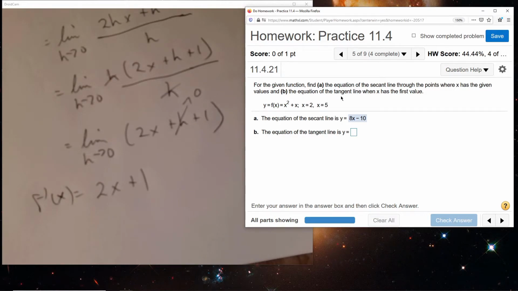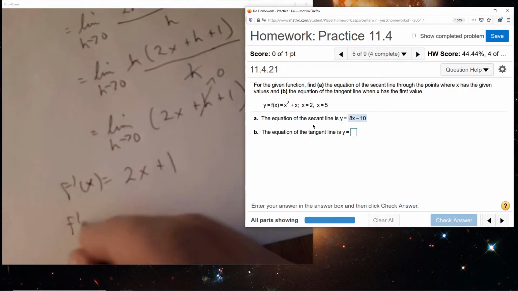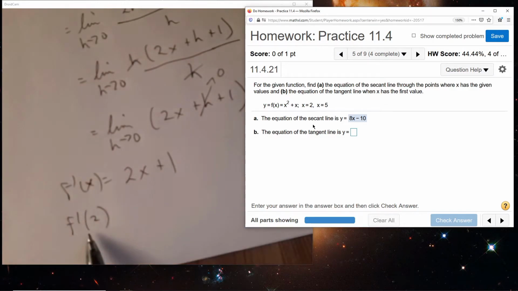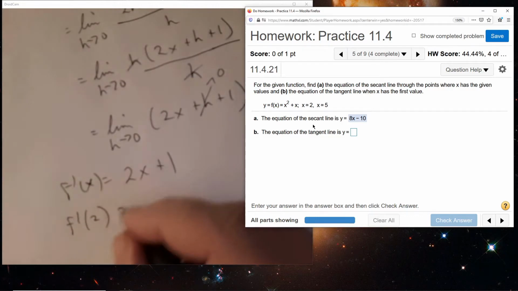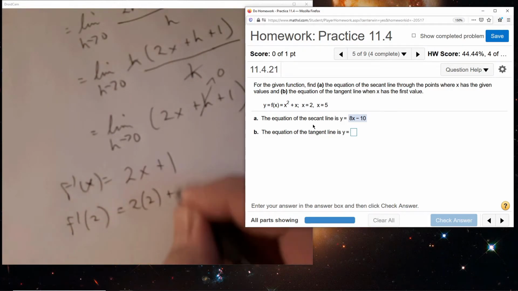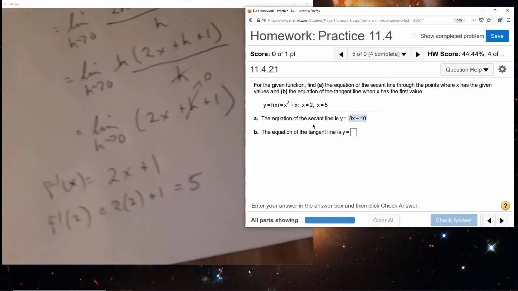It says the equation of the tangent line when x has the first value. So x equals 2 then. In other words, we want to know what is the derivative when x equals 2. And that's 5.